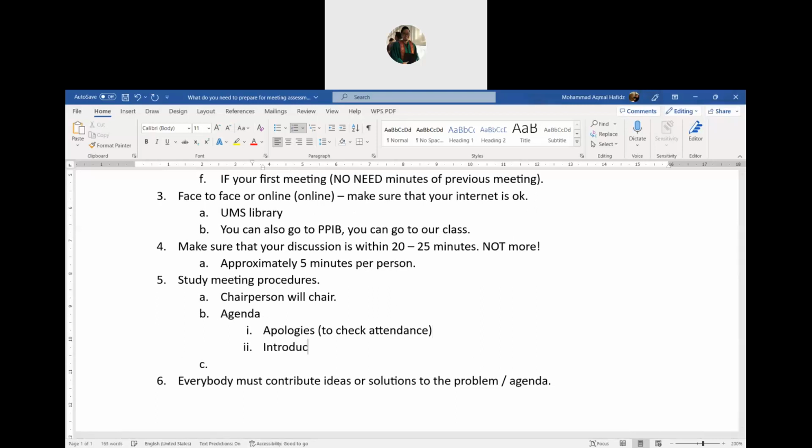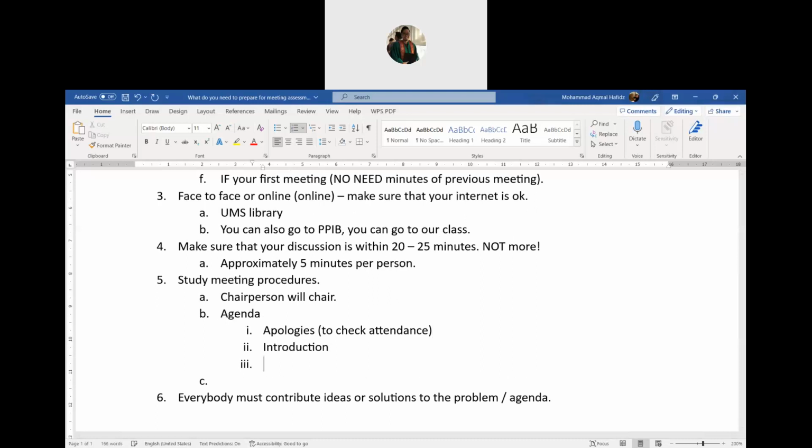Then you have the introduction. Okay, you can introduce your meeting or about what program and everything. Okay, then you proceed to your main agenda. So this is basically things like the budget, the flow of the program, and maybe sponsorship and everything.